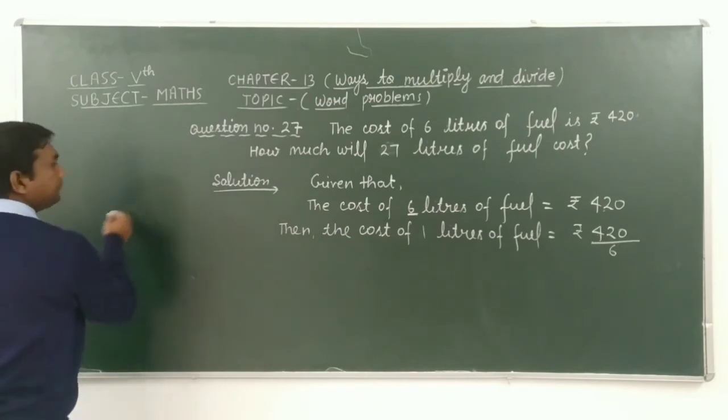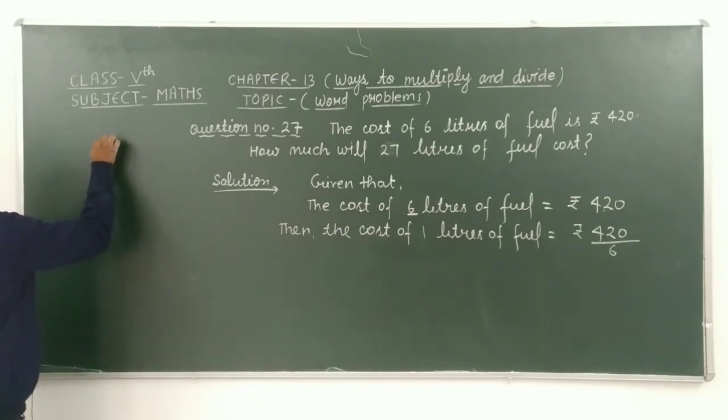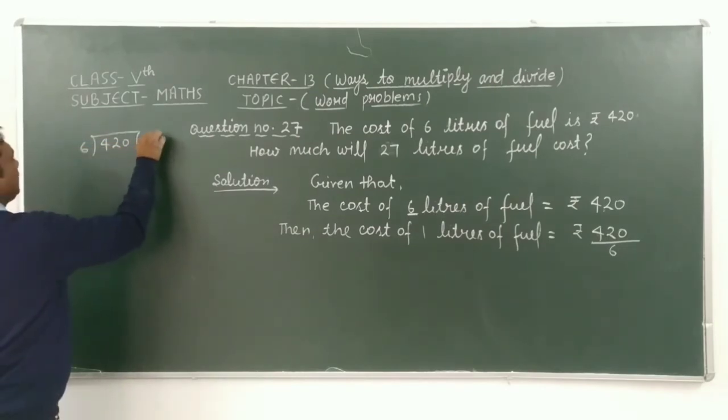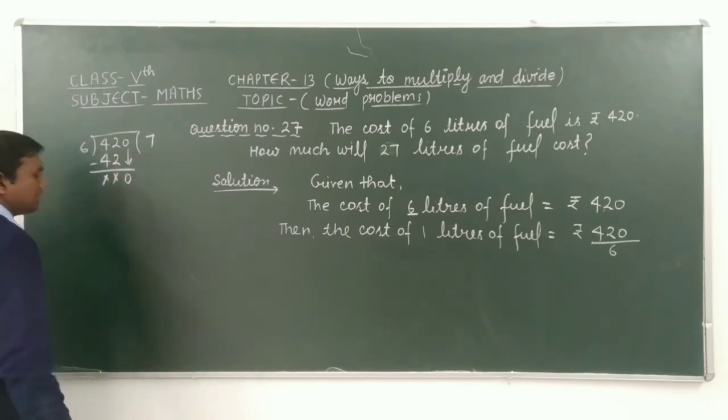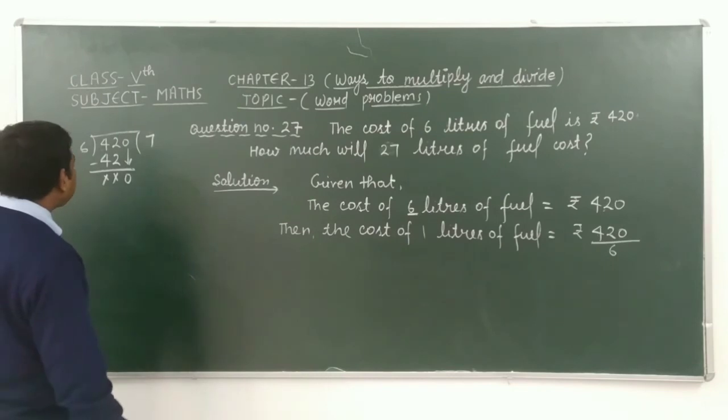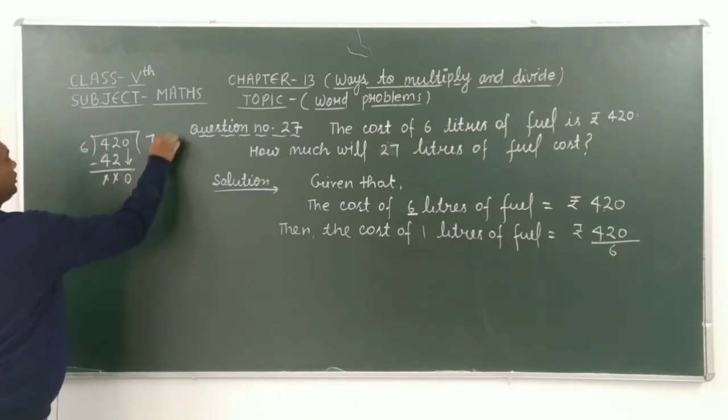Look here carefully. We have to take the division of 420 by 6. 6 sevens are 42. After subtracting these, here we get 0. It means it cancels out, and here we have to take down 0 as the same. 6 zeros are 0.